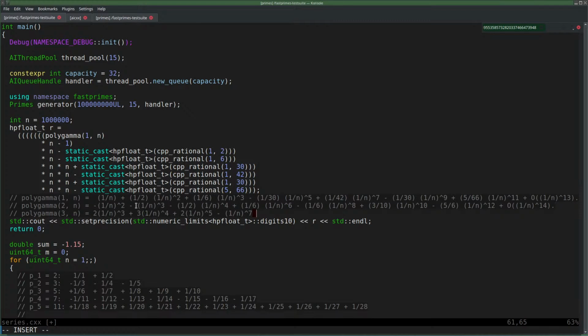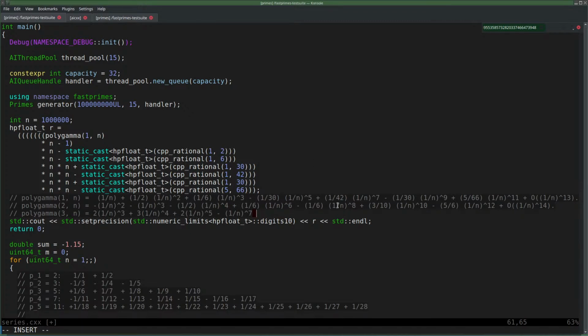This one is a 1, and then that one is, well, minus 1, and now this one is also minus 1. Oh well, we don't need more. We don't need to go beyond the 3, I think. Minus 1/7 to the power 7. That was the derivative of this one.